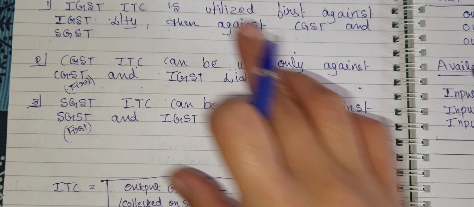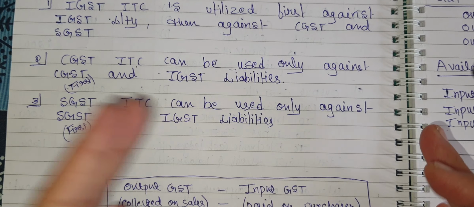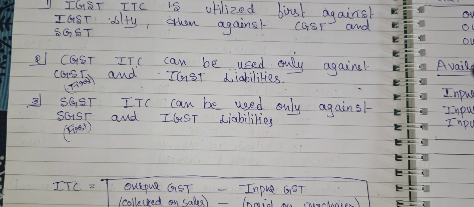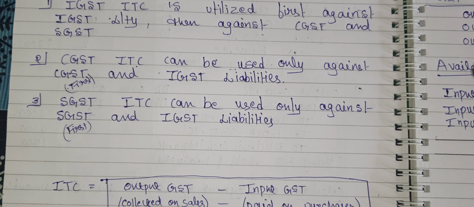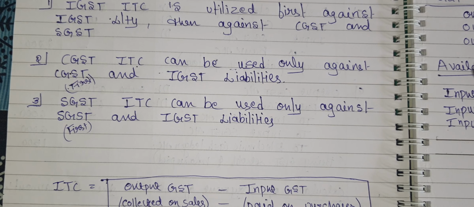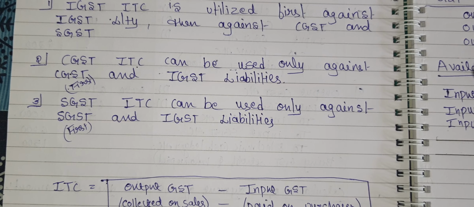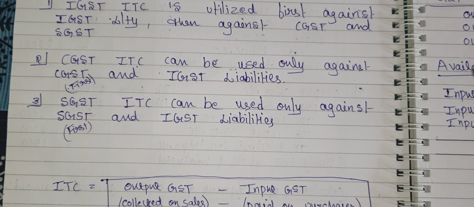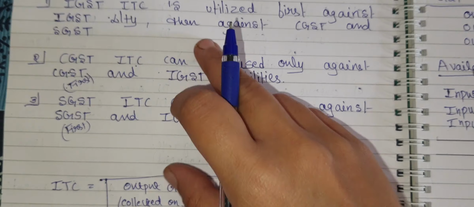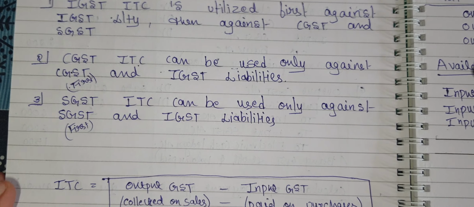Here IGST can be utilized against IGST, CGST and SGST, but CGST ITC cannot be utilized against SGST, and SGST input tax credit is not utilized against CGST. Okay, I hope this concept is clear to you all. Now we will see these rules through one example.